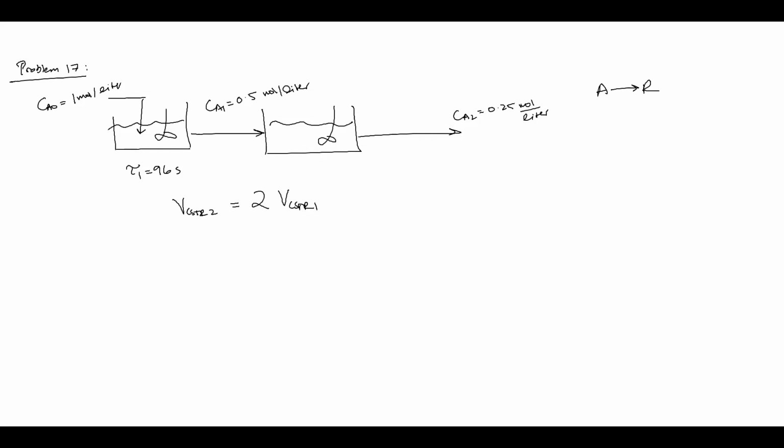And are you given the kinetics? Find the kinetic equation. So you're not being told that it's a first order expression. You actually have to determine whether it's a first order or an nth order expression in this case. So that's fine, it's not going to matter. So in this case, I have minus RA is equal to k CA to the n. If it's a first order reaction, it becomes a very simple problem.